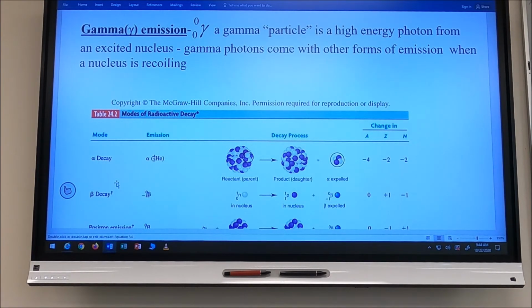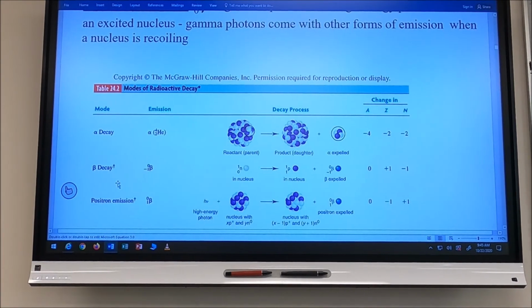Gamma photons come with other forms of emission. As the nucleus recoils after it spits out an alpha particle or a beta particle or a positron, as it's kind of reforming itself, it spits out energy in the form of gamma emission. So gamma emission comes with other things.